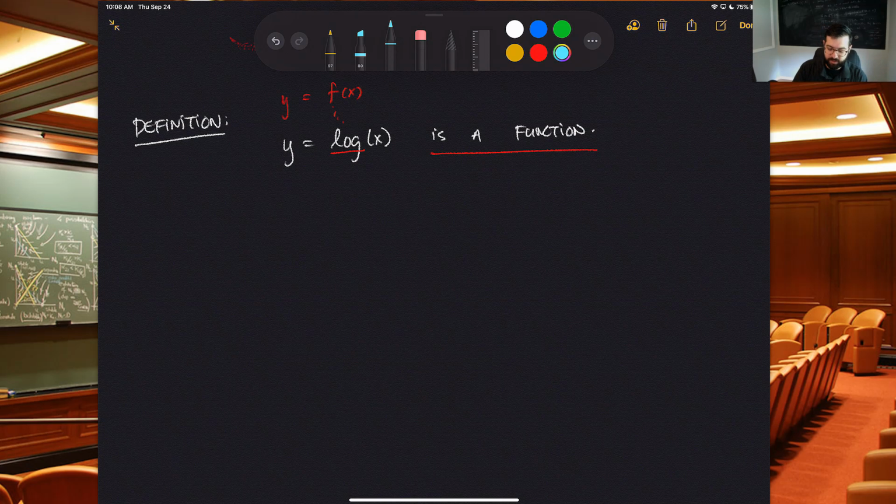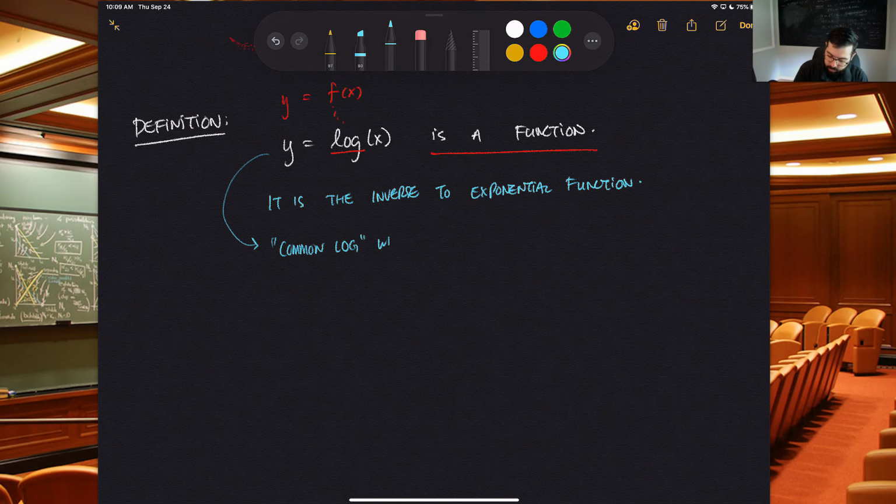Well, first let's state that it is the inverse function to the exponential functions. Here, this is what we call the common log, which means it is the inverse to the function y equals 10 to the x.